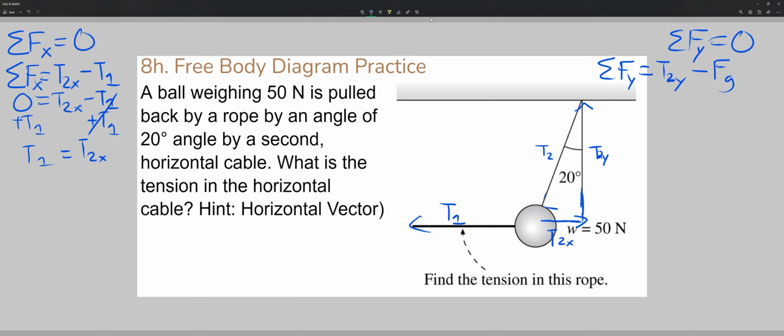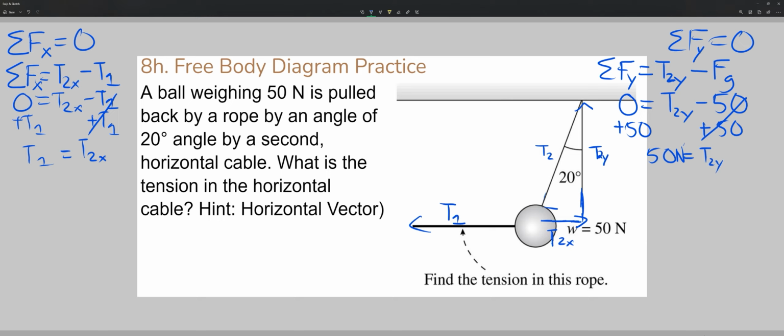My force due to gravity is my weight, 50 newtons. If we add 50 to both sides, we see that my tension of the second rope along the y-axis is 50 newtons.